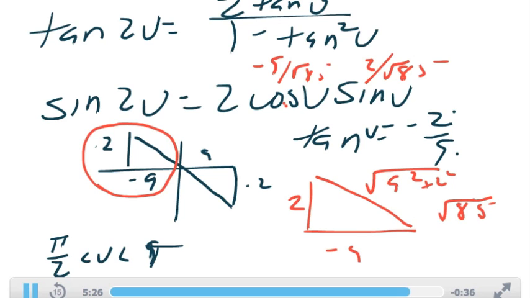So the sine of 2u is 2 times minus 9 times 2 divided by 85. So sine of 2u is 2 times minus 9 times 2 over 85, which is, 4 times 9 is 36, minus 36 over 85.